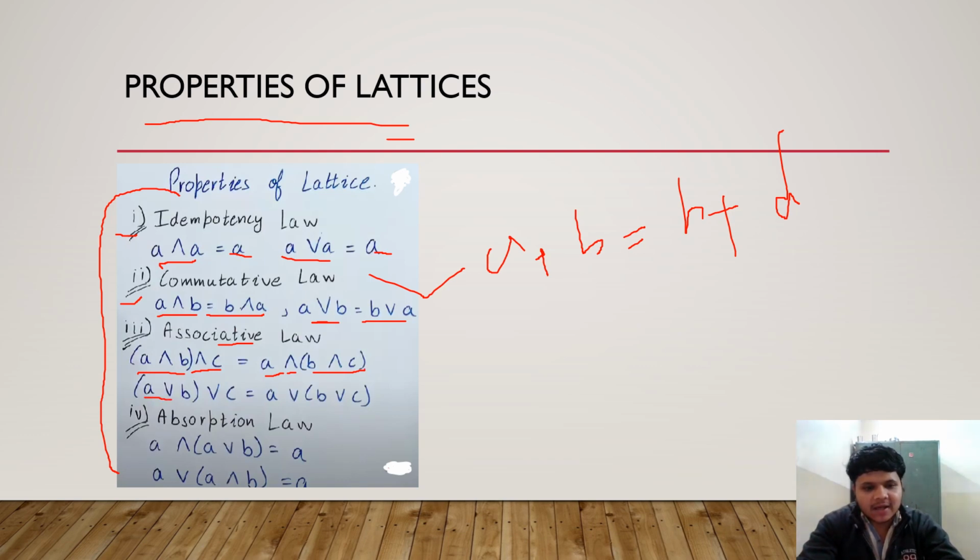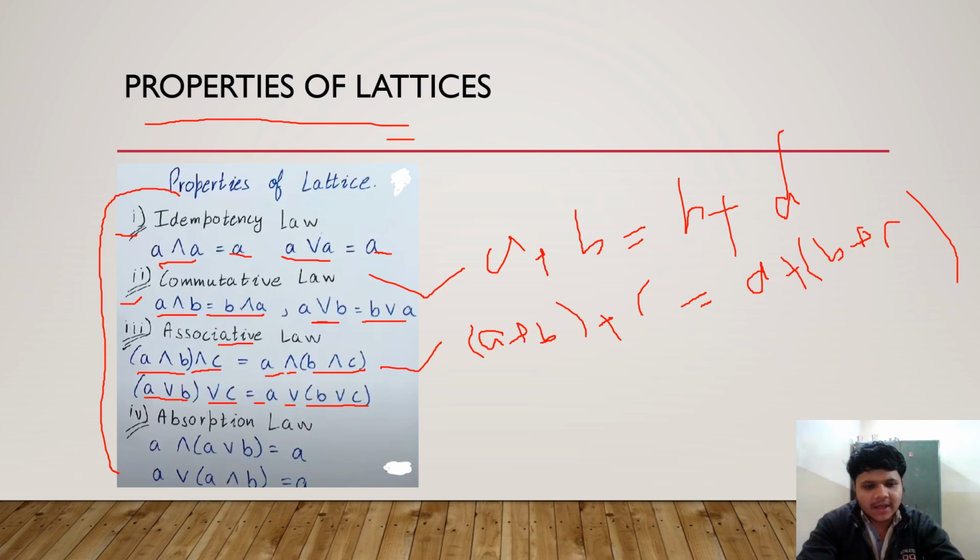Similarly, A join B taken together and then taken join with C is equal to A join with B join C. I think this law we have also learnt before, that A plus B taken together plus C equals A plus B, sorry, plus C.